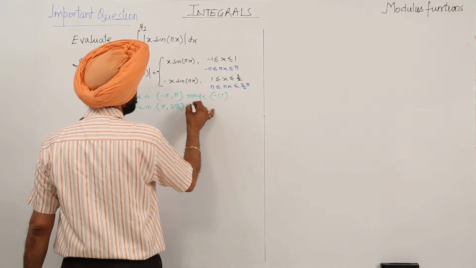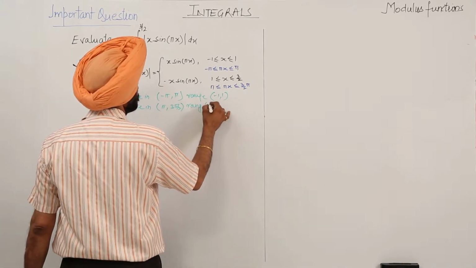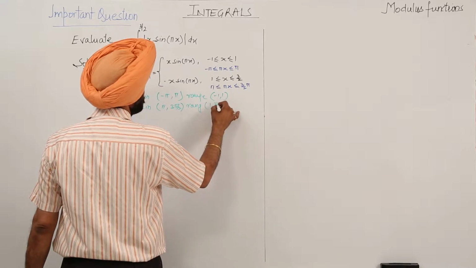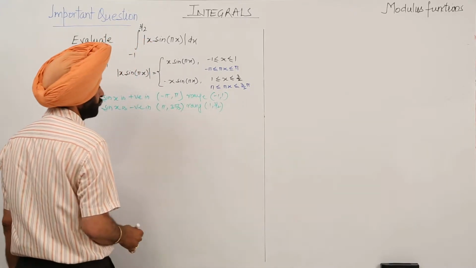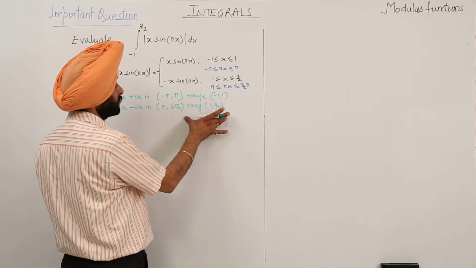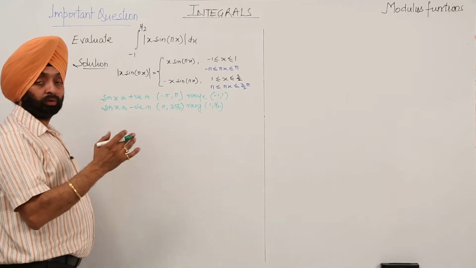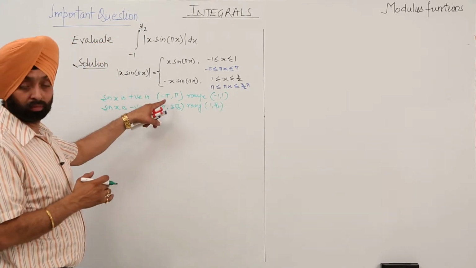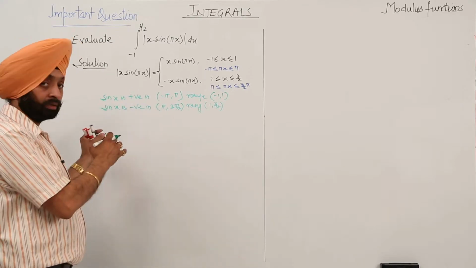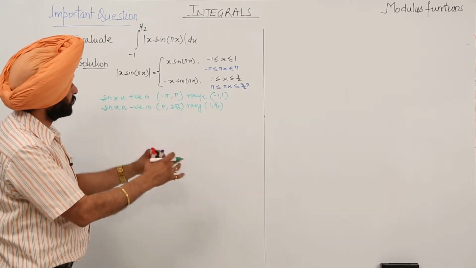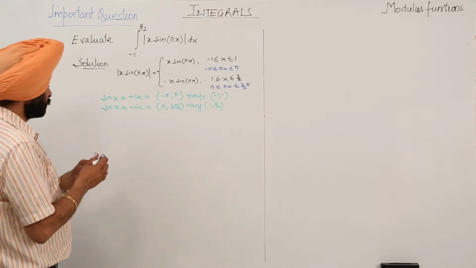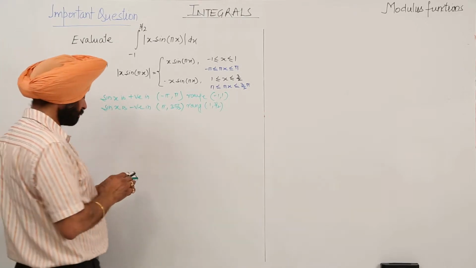So here the range becomes 1 to 3/2. Basically this is the third quadrant and this is from the negative side, from first, second, negative of second, negative of first, first and second. Okay, sign is positive.